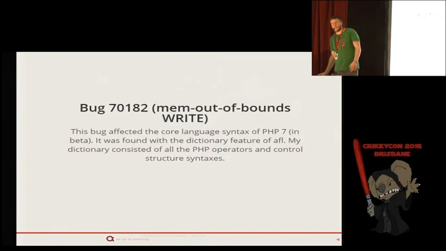To find this, I used the dictionary approach. To build the dictionary, I scraped php.net, the documentation site, and got all the keywords of core PHP, put them in a file, and said, hey, these are the keywords you should expect. That was reasonably simple to do, and I ran that.